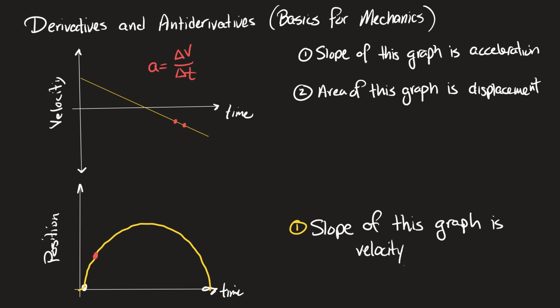But it's more confused over here, where if I take those two spots I get one slope, and if I take these two spots, I get a different slope. And if I take this spot and this spot, well, that wouldn't make any sense. The slope's changing over here the whole time. So it's difficult. We know that the velocity is the slope of this graph, but it's not a constant. So I can't just write delta x over delta t and have it make sense. It doesn't. This is what calculus does.